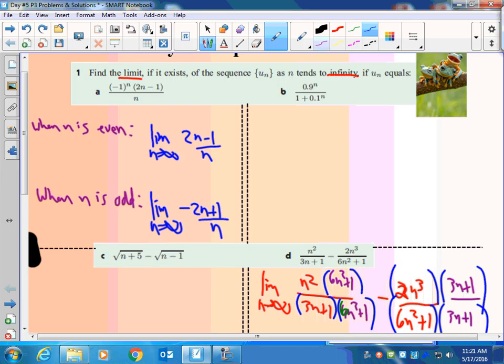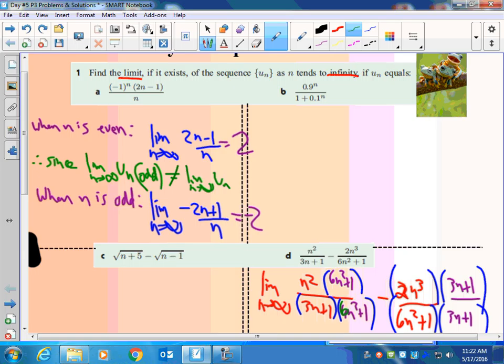Well, what's this limit equal to, this top one? 2. What's the bottom one equal to? -2. So since they're different, what you would say is since the limit as n approaches infinity of u of n odd is not equal to the limit as n approaches infinity of u of n even, the limit does not exist.